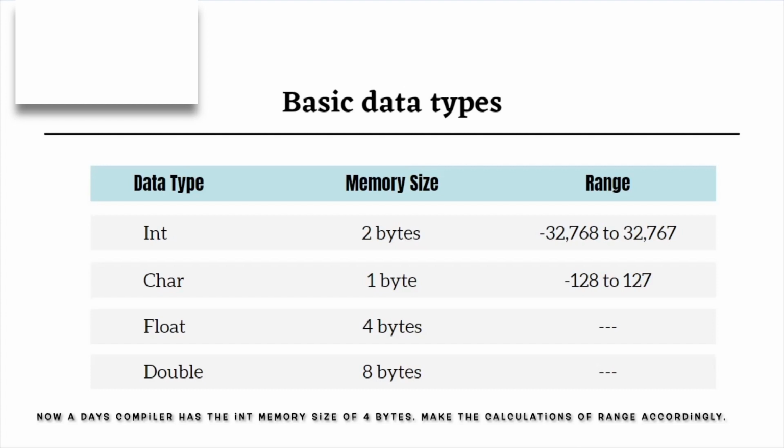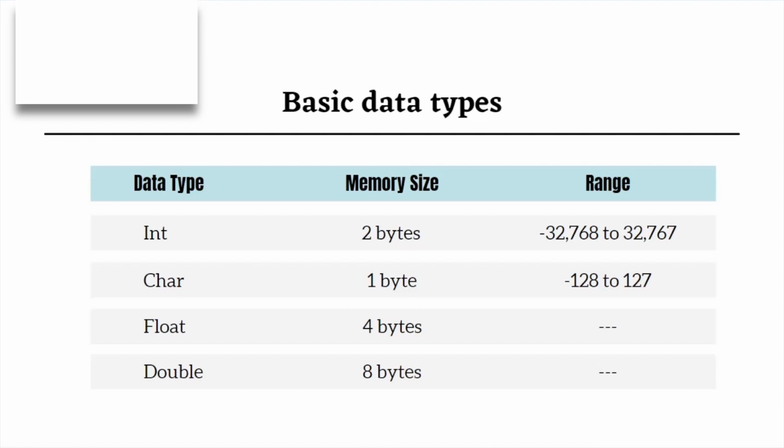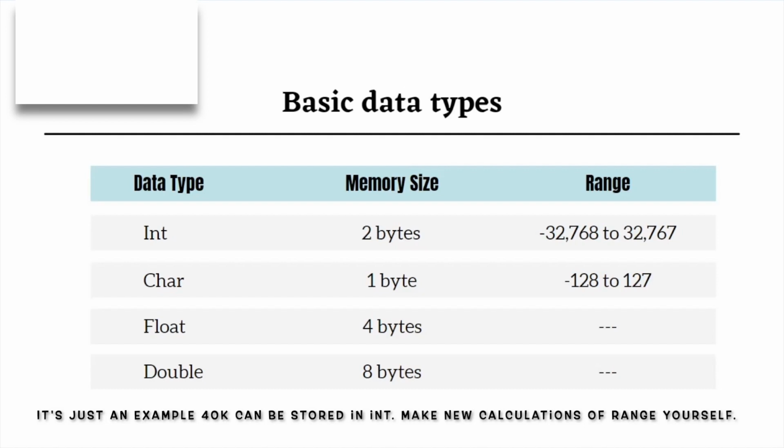And what is double? Double is same as int, except that int has the range of minus 32,768 to 32,767. But double has more range when compared to int. Why? Because int has 2 bytes of memory size whereas double has 8 bytes. Obviously the range varies and double has more range.